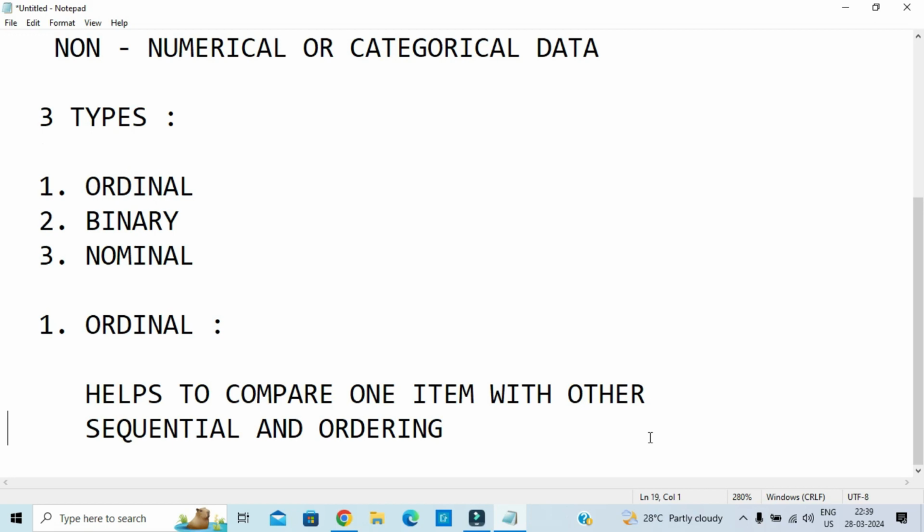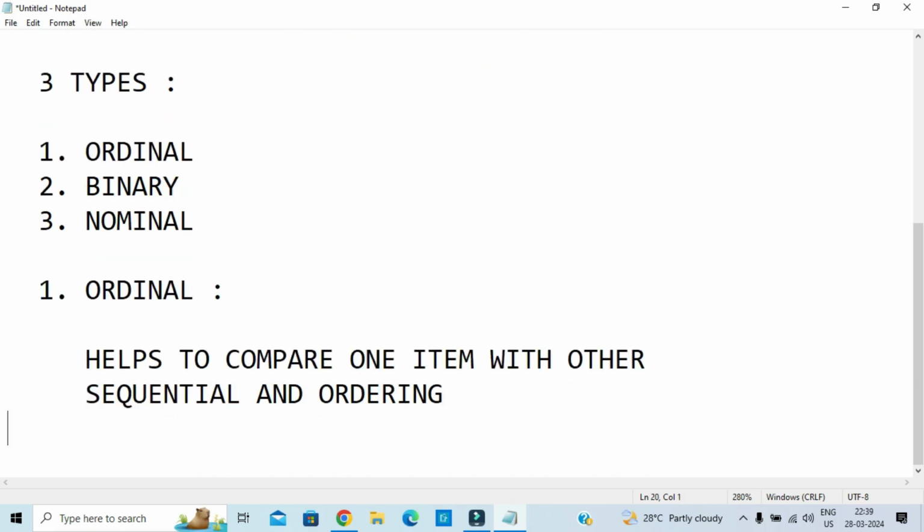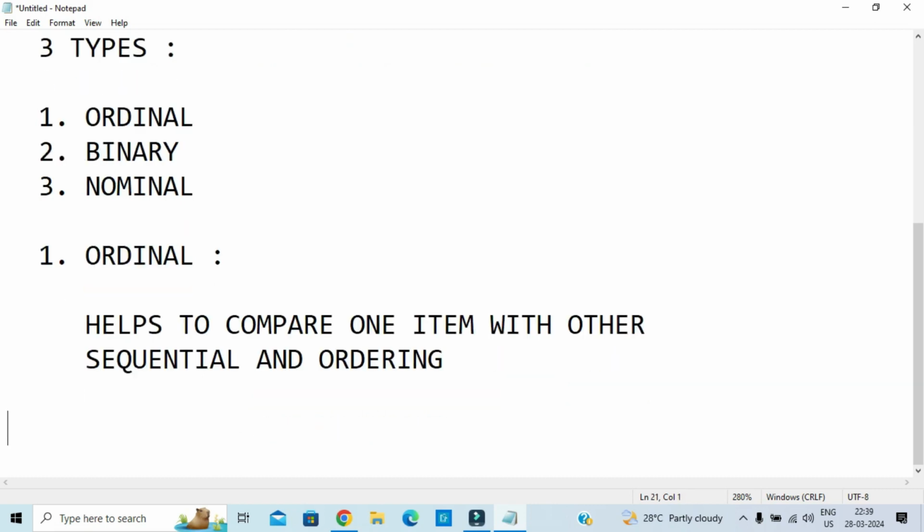You have to remember this. This is not numerical. It's only for comparison, not for counting or measuring. This is just for comparing one item with another item in a sequential and ordering manner.